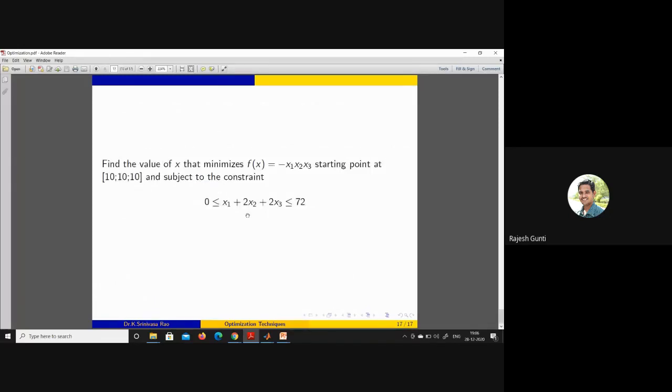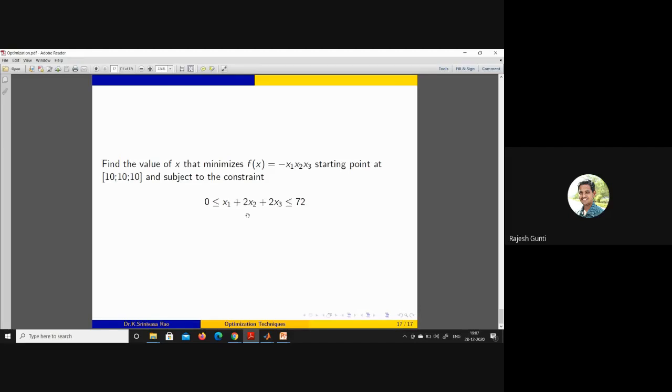Now find the value of x that minimizes f of x equal to minus x1 minus x2 minus x3, starting point at 10, 10, 10 and subject to the constraints 0 is less than or equal to x1 plus 2x2 plus 2x3 is less than or equal to 72. Here two constraints are there.